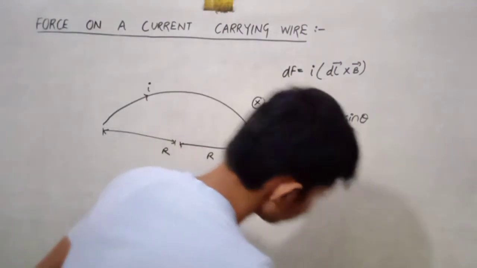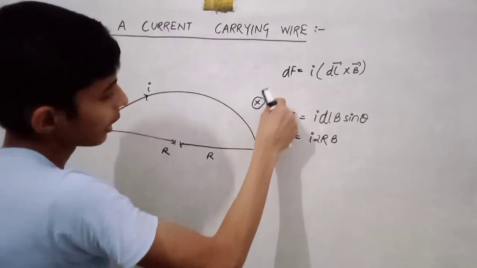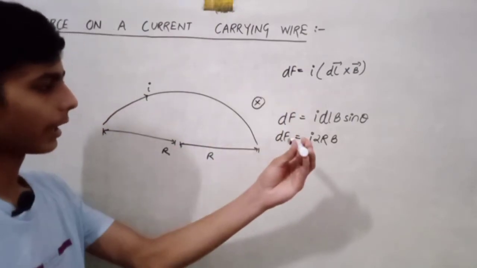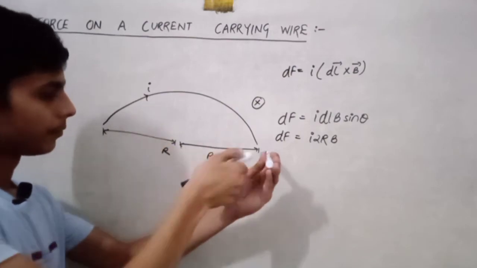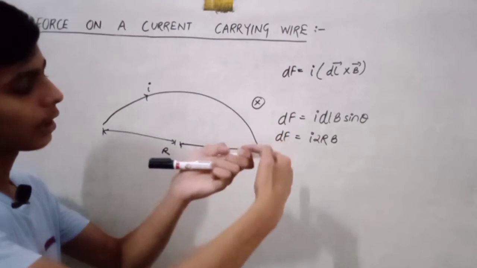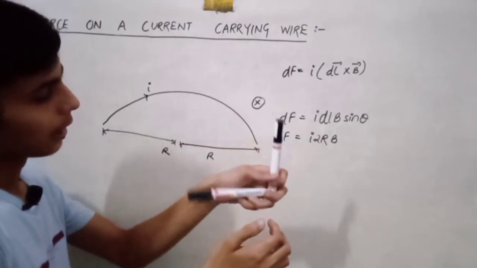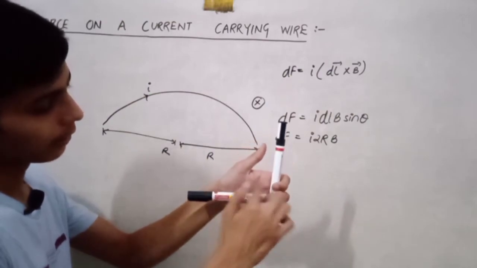I am showing you, the direction of magnetic field is into the plane, which is like this, and this is our current, which is like this. So the angle between dl and B is 90 degrees.